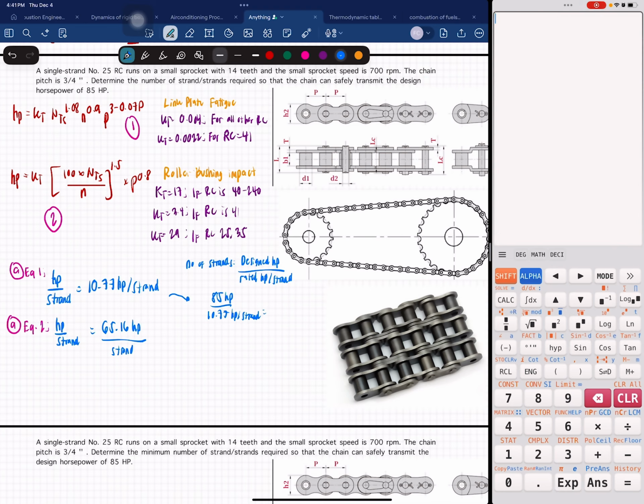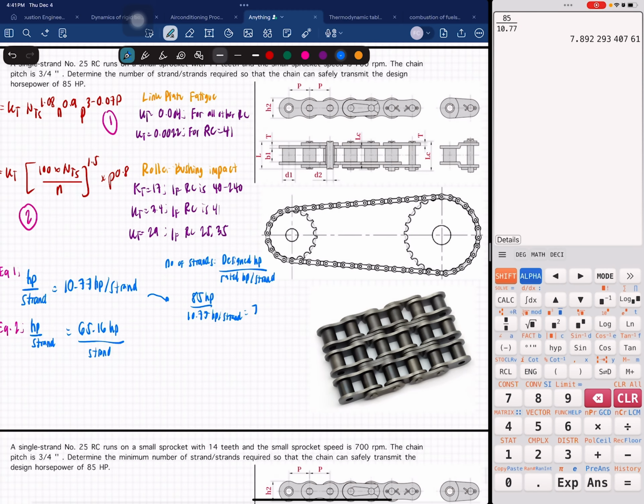Answer here is 7.892. Since the strands cannot be in decimal, they're always in whole numbers, it is simply 8 strands, okay?